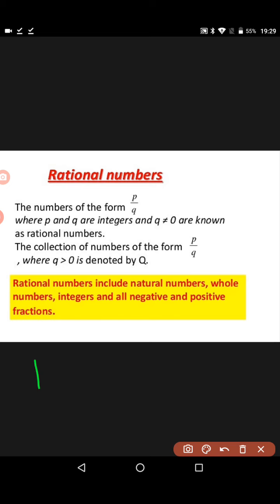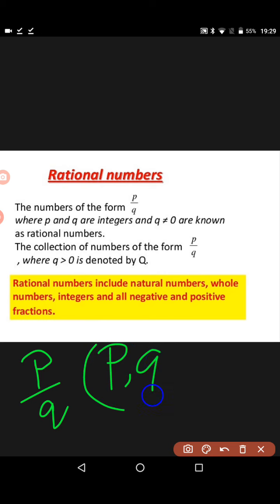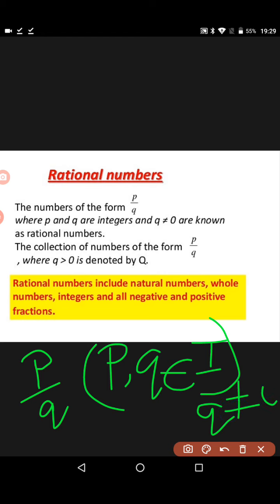I will show you how you should write it in symbolic form, where P comma Q belong to I, integers, which we just discussed, and Q is not equal to 0. That's how you should denote this. These are the conditions which should be satisfied, then only it can be a rational number, right?